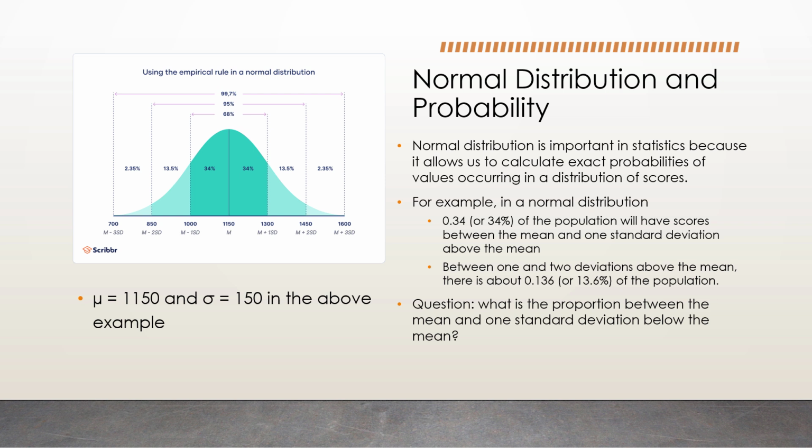Putting these two pieces of information together, we know that 0.34 or 34% of the population will have scores between the mean and 1 standard deviation above the mean. If we want to know the probability of falling between two raw scores, only one extra step is needed: convert the raw scores into z-scores.